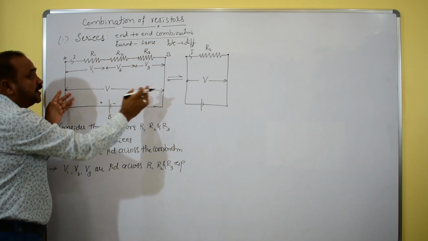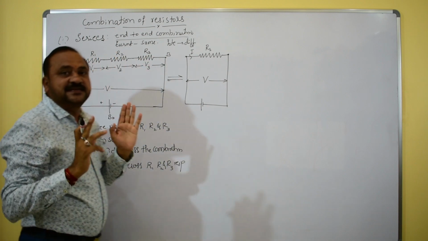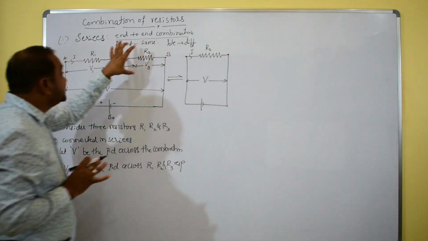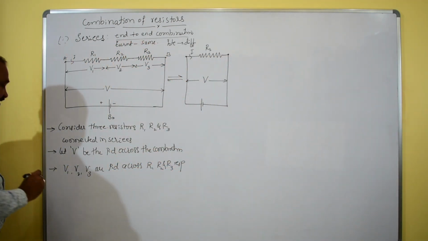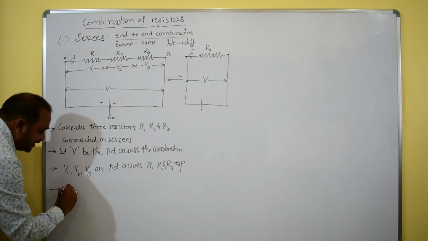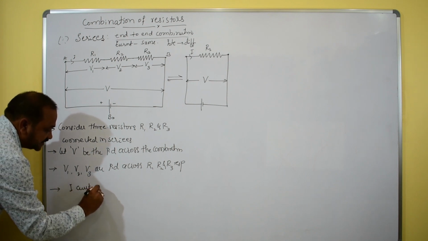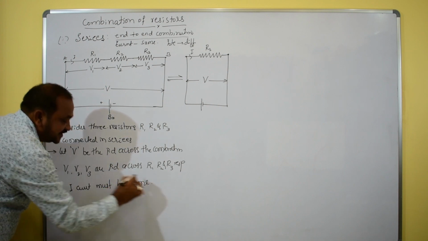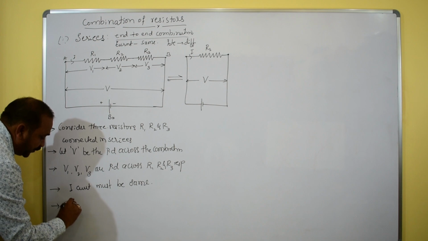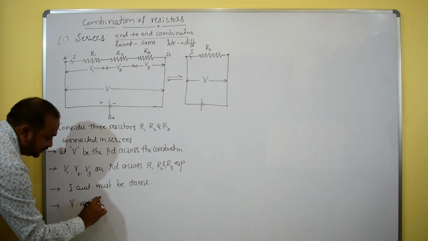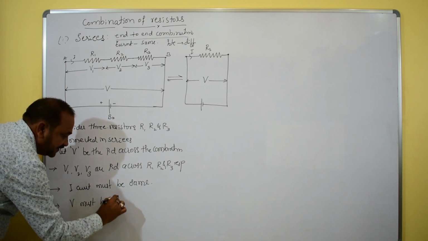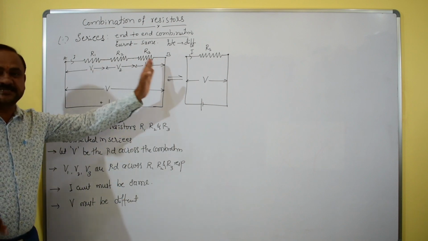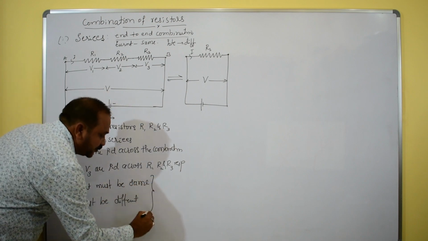The total potential difference across that combination is very important here. I is the current, which must be the same in a series combination, but the potential difference must be different across different resistors. These two points are very important.